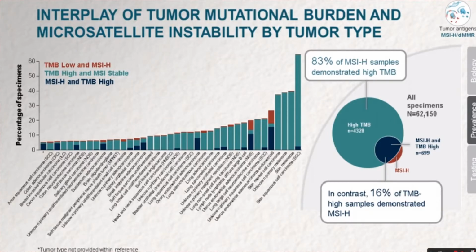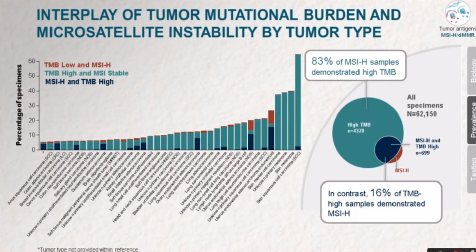Within that group of tumors that have high tumor mutational burden, there's a subset that are microsatellite high. So you can see that if you have a tumor that's microsatellite high, it has a very high probability of also having a high tumor mutational burden, as these are very interlinked.